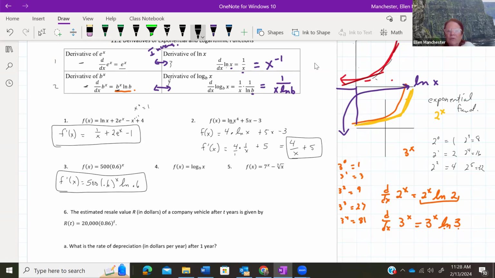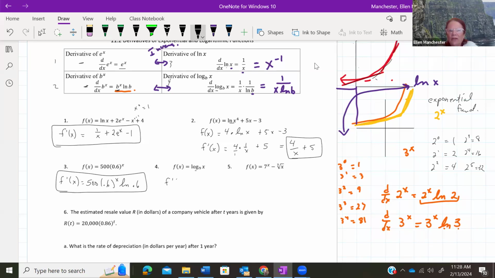All right, number 4, which one are we going to use? 1, 2, 3, or 4? 4. Okay, number 4. And the reason is because we have log. So log, log. The only difference is now my base is showing, right? I know what the base is.